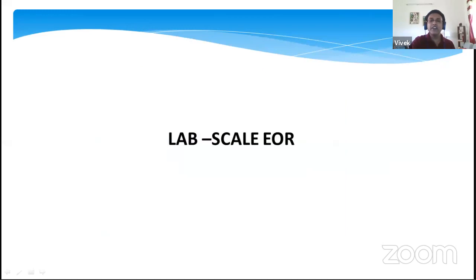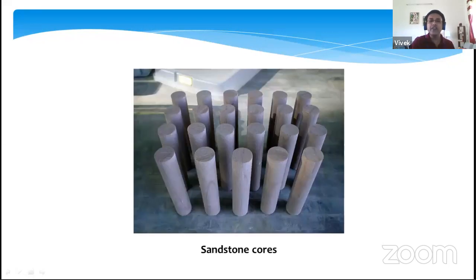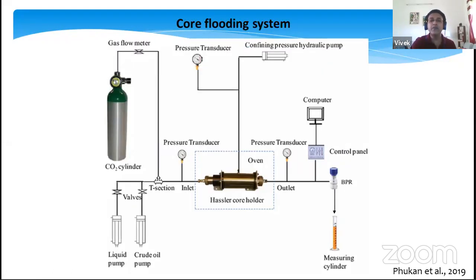Okay, and then with this we perform lab scale EOR, that means with the compounds that we produced from our lab. We use something called sand cores to simulate the conditions of the actual oil recovery process in the lab. These are the cores that we obtain from the deep stratum beneath the earth.